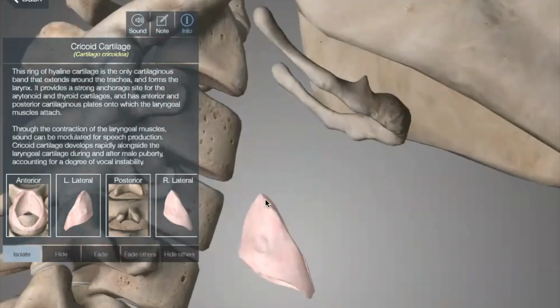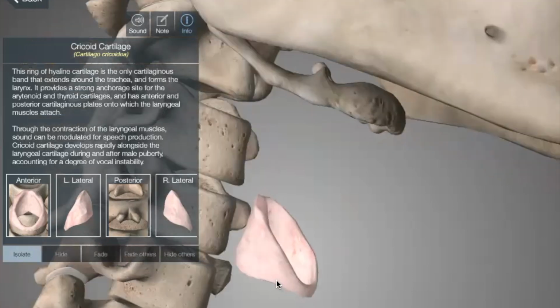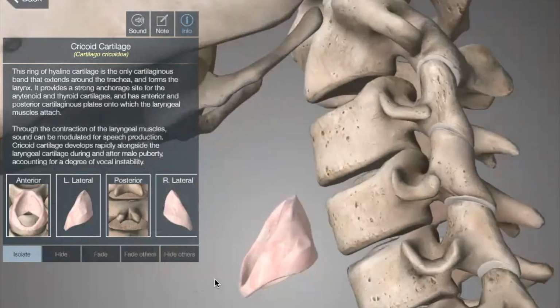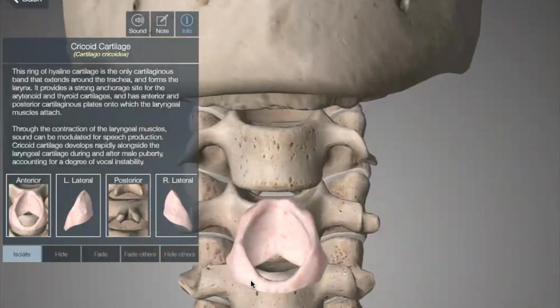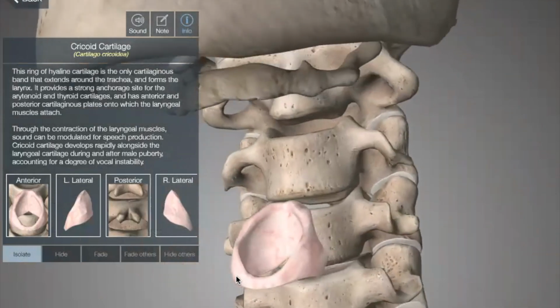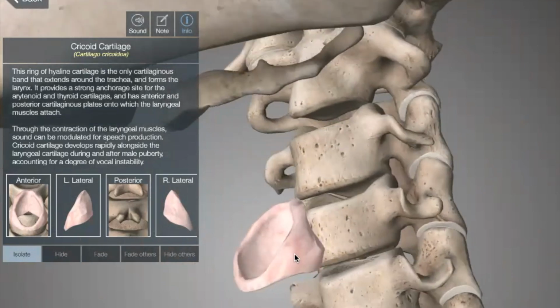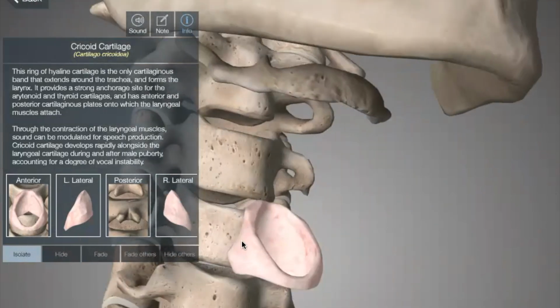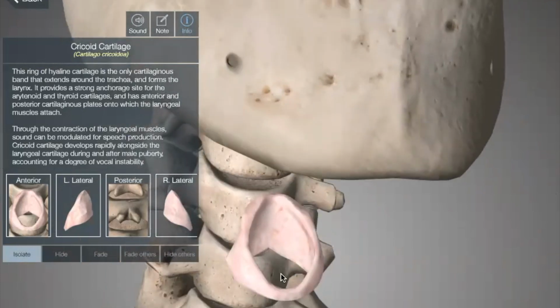So you can see posteriorly it is very, very wide, and anteriorly it's narrow. And that's the structure of this ring. And what is unique about it is that it completely encircles the airway. So air, of course, larynx passes through here. It completely encircles this.